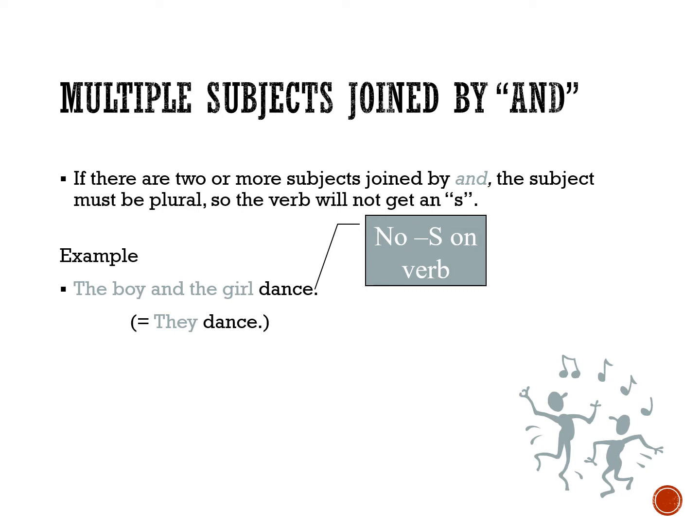The boy and the girl, two nouns, we can replace them with the pronoun they, meaning that the subject is plural. So the verb is not added with "s".